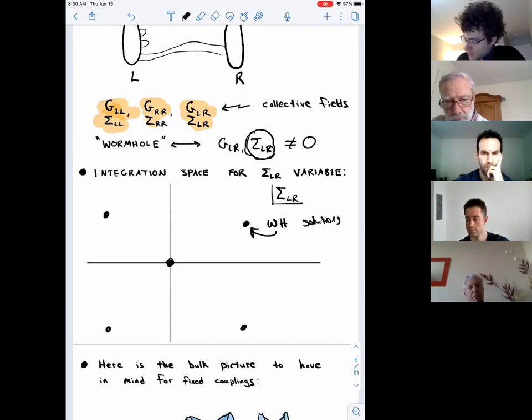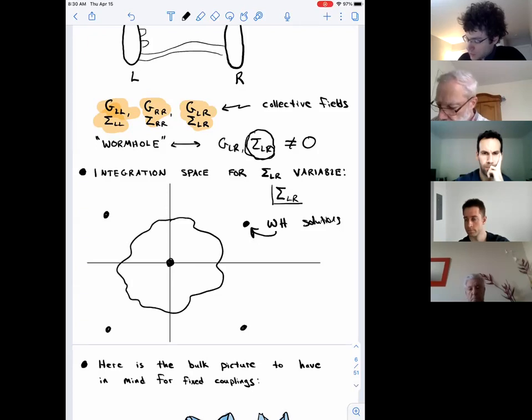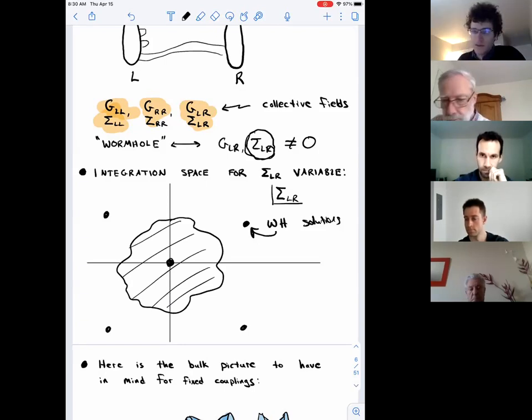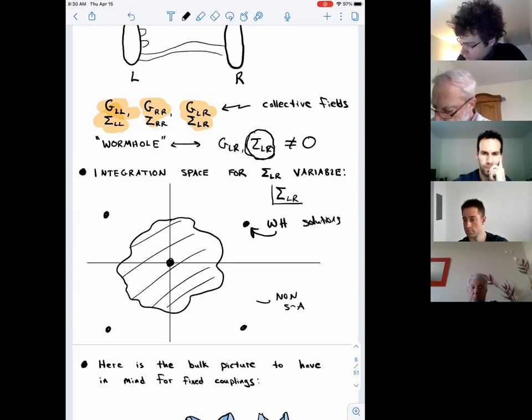And when we study the theory with fixed couplings, this complex plane gets split into two regions. In the interior of some region, the action for those variables is non-self-averaging. What that means is that it depends very strongly on the particular choice of couplings that you make.